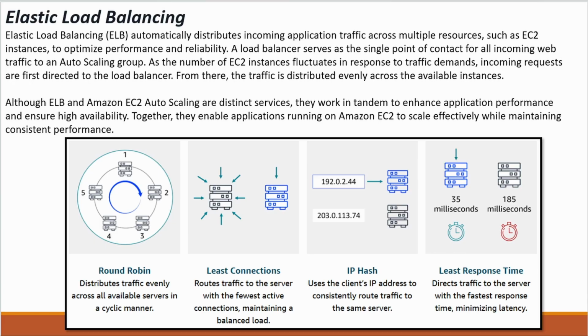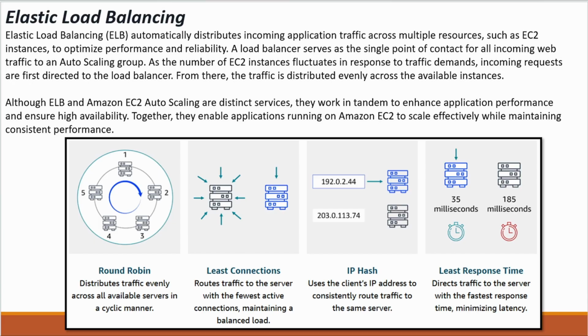From there, the traffic is distributed evenly across the available instances. Although Elastic Load Balancer and EC2 Auto Scaling are distinct services, they work in tandem to enhance application performance and ensure high availability. Together, they enable applications running on EC2 to scale effectively while maintaining consistent performance.